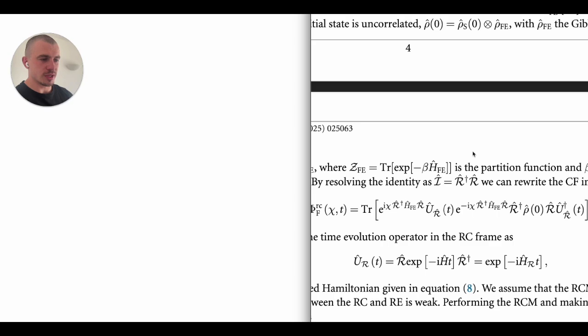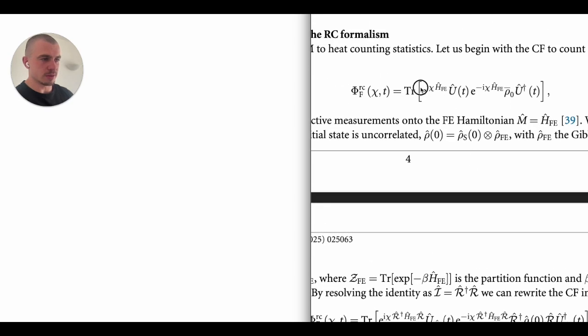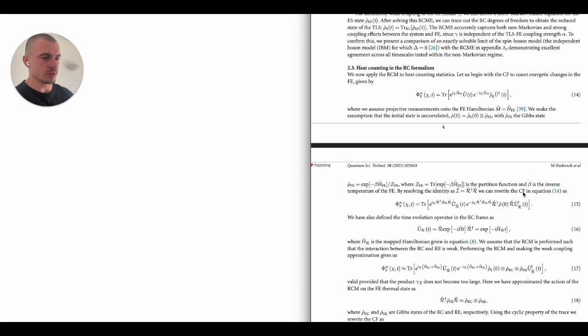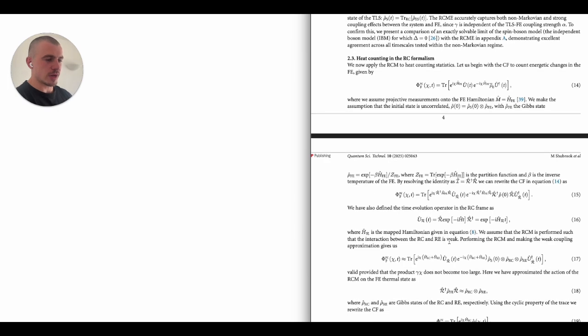And we basically just sandwich it everywhere in this expression that we can. And then you can see that, for example, we bring them up into the exponentials, we transform the unitary time evolution, and we sandwich the initial state like this. So we're essentially just now calculating these heat statistics of the full environment Hamiltonian in the reaction coordinate frame.